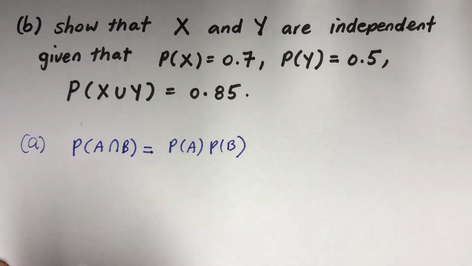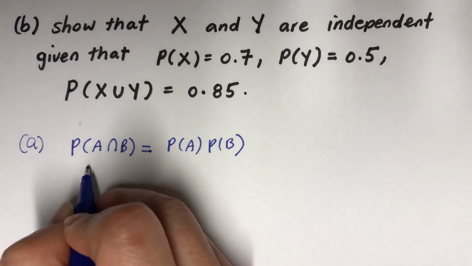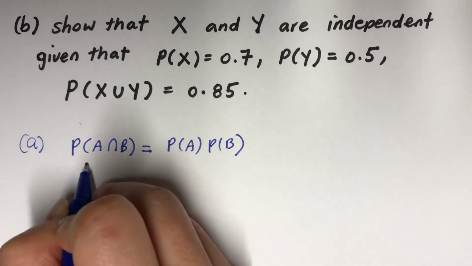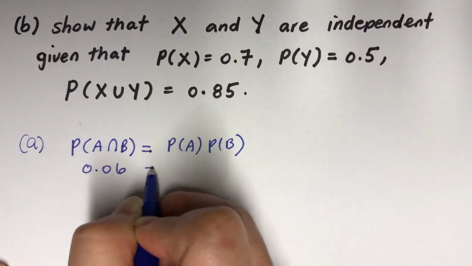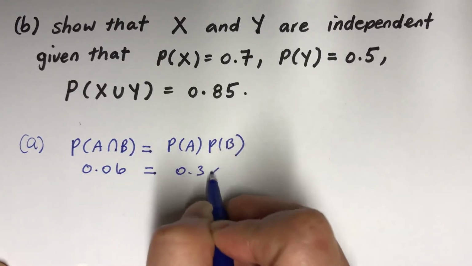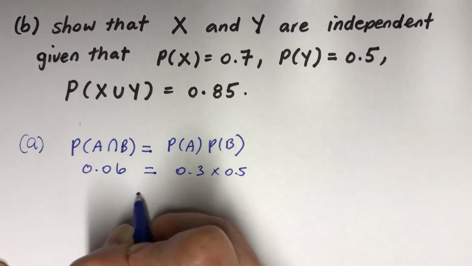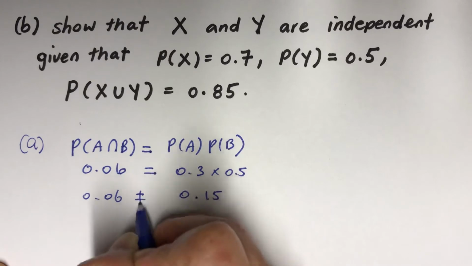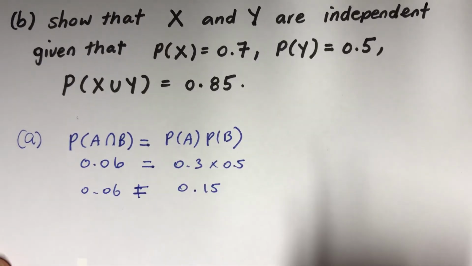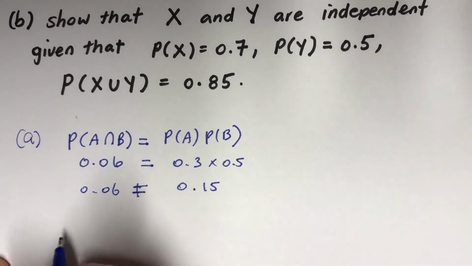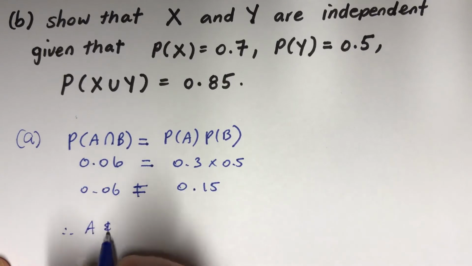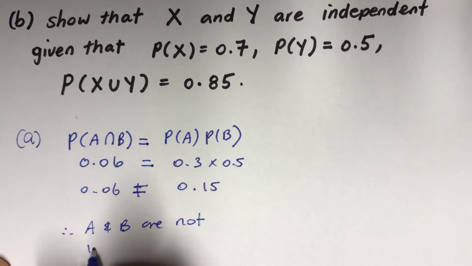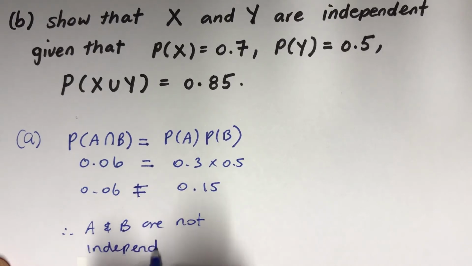Okay, so that was 0.06. Nah, that's not the same, is it? That's not good. So therefore, A and B are not independent because they're not the same.